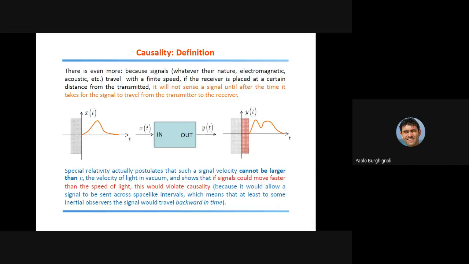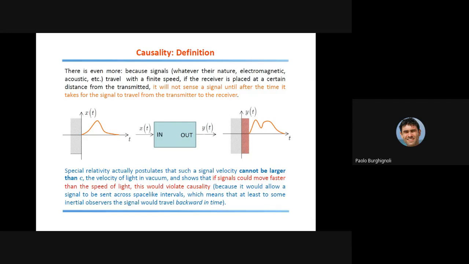That is because it would allow a signal to be sent across what they call space-like intervals in special relativity. In turn, this means that there is at least one inertial observer for which the signal would travel backward in time, which is, of course, non-physical.